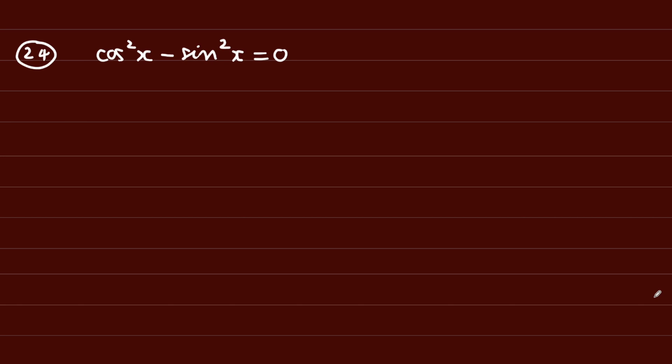Question 24. Cos square h minus sine square h equal to 0. Another question about cos square. And one more time, I need to convert cos square in terms of sine square. You have here 1 minus sine square h. Outside you have minus sine square h equal to 0.